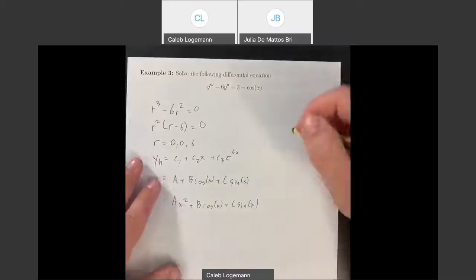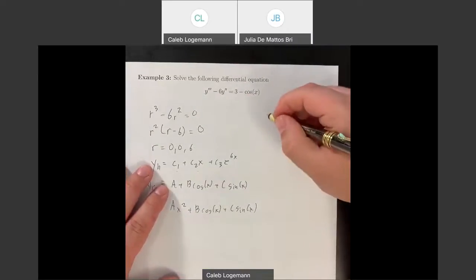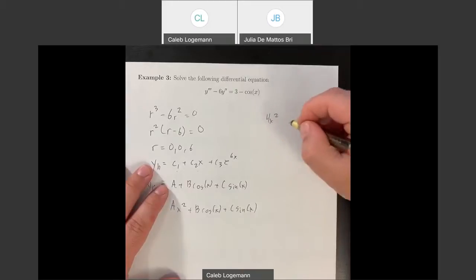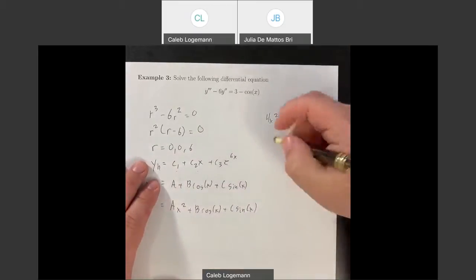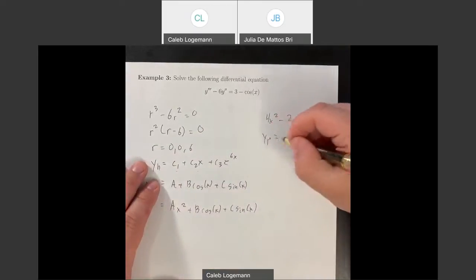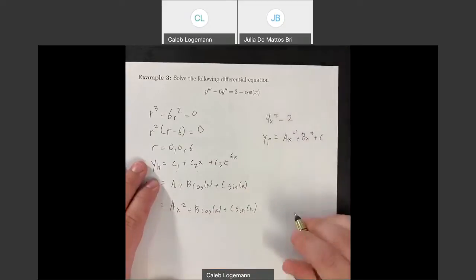Let's just do another hypothetical. If, for example, instead of 3, I had something like 4x squared minus 2, and I had this repeated twice, I needed to scale up. So my guess in that case, scaling it up twice, would be like a x to the 4th plus b x cubed plus c x squared.